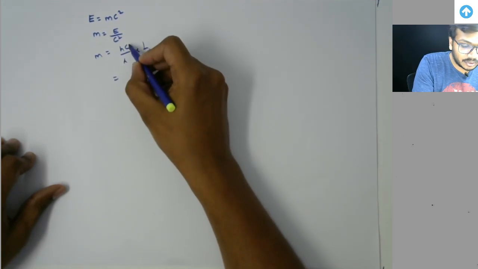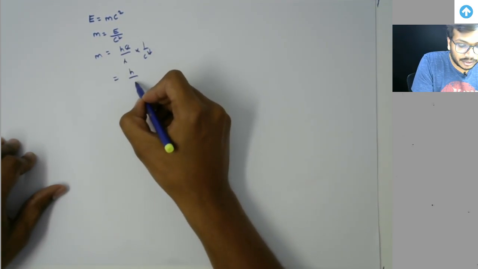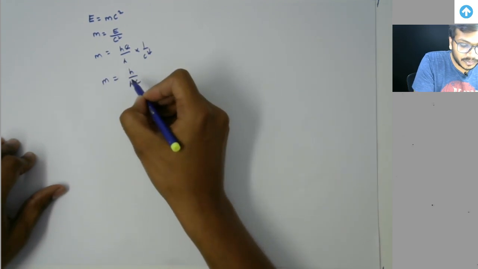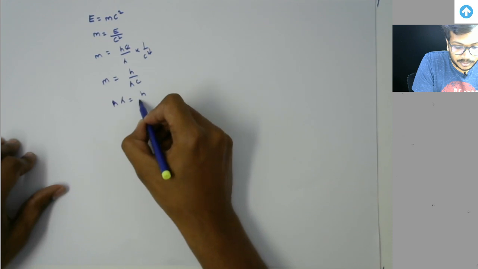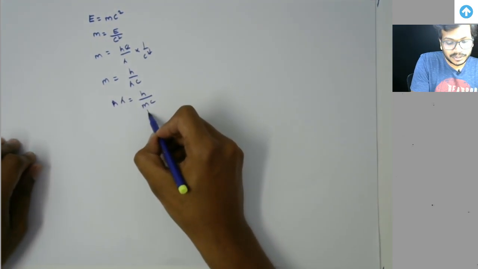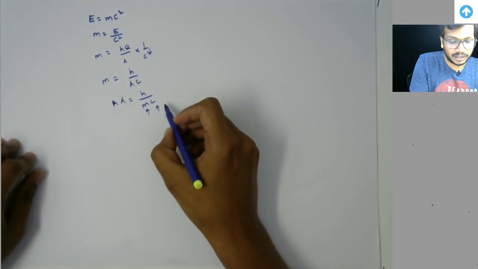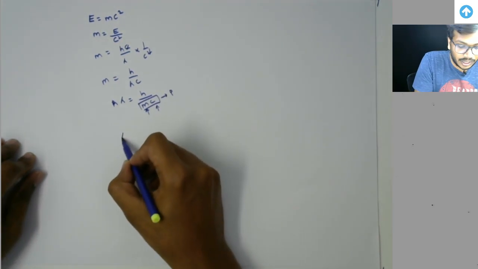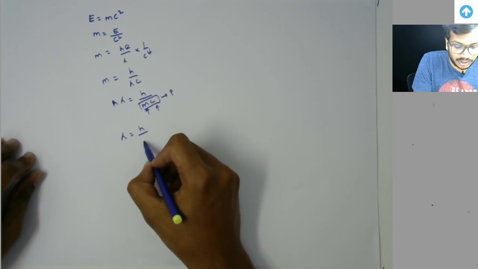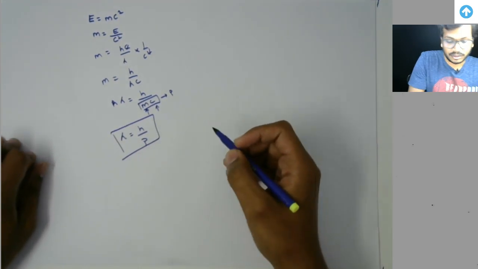Now cancelling out c's, you get h by lambda c is equal to m, and transposing this, lambda is equal to h by mc. Here m is the mass of the particle and c is the speed of light. So you could combine this and write it as momentum. So lambda is equal to Planck's constant divided by momentum. This was de Broglie's relation.